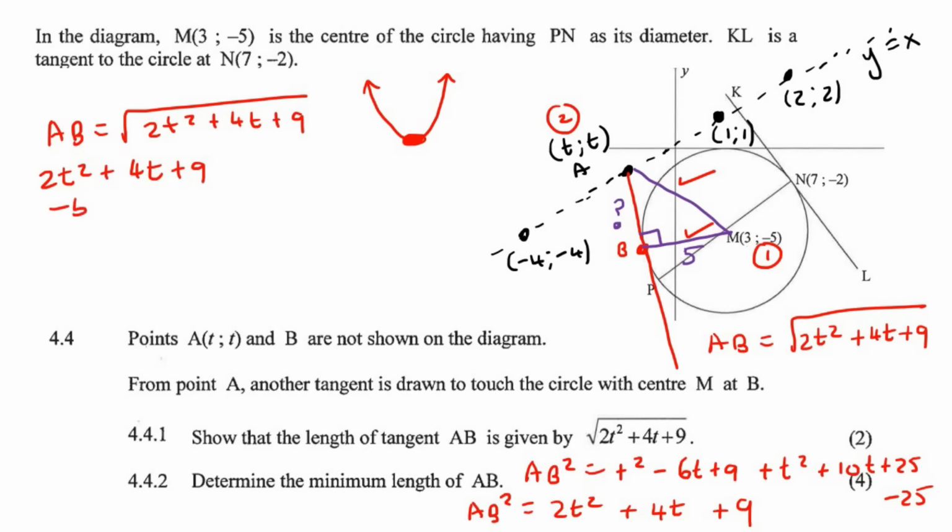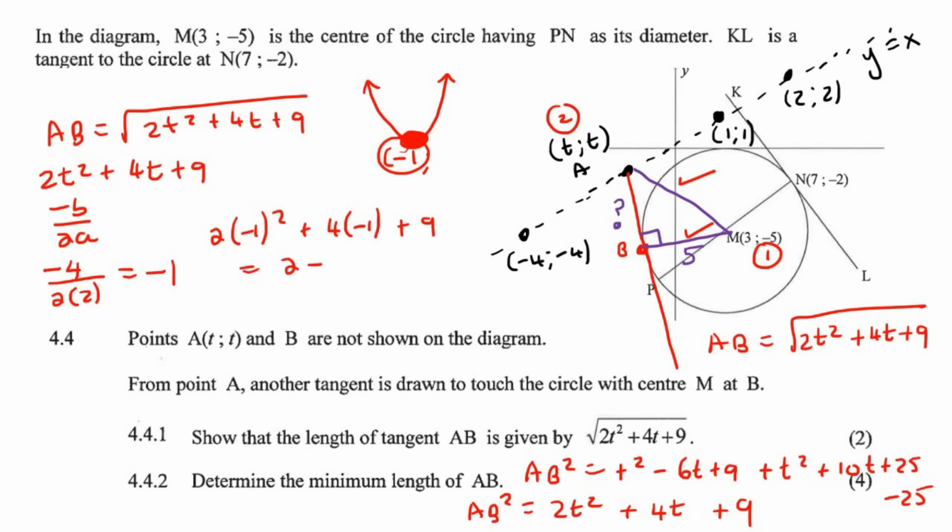So I will use minus b over 2a, and so I will get minus 4 over 2 times 2, which is going to give me negative 1. That's not the answer. That just tells me the x value of this minimum value on this kind of graph. To find the actual value, I have to plug that minus 1 into this expression.